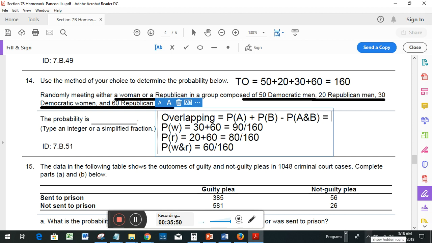Because they're all over the same common denominator, we'll just do 90 plus 80 minus 60, all over 160.